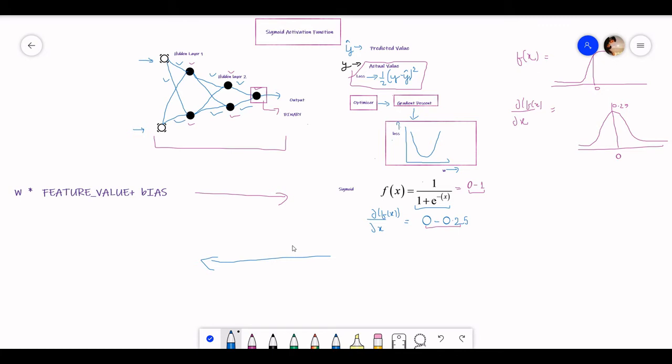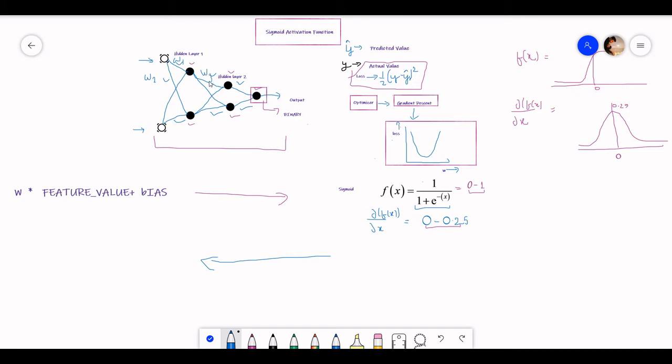Let's suppose first we have to decrease the loss with respect to, suppose, W1. Sorry, it is our W1, this is our W2, this is our W3.